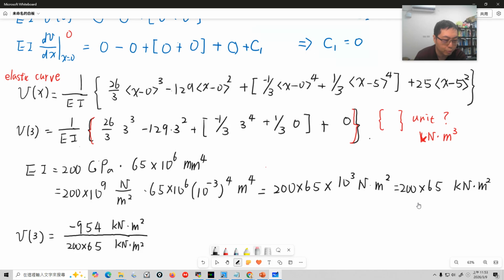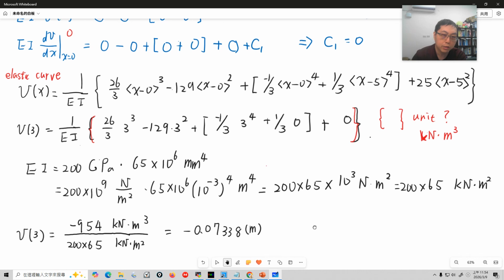Sorry, this m is m cubic. So after all, you will get minus 0.07338 m. Okay, this is the deflection at the position 3.